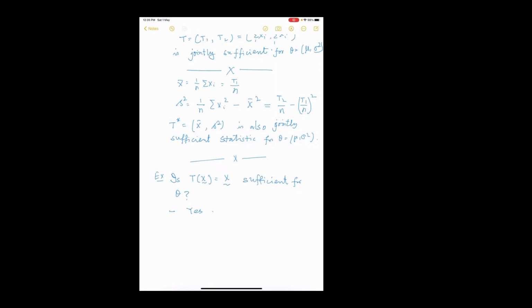I would like to introduce one more small concept called minimal sufficient statistic.